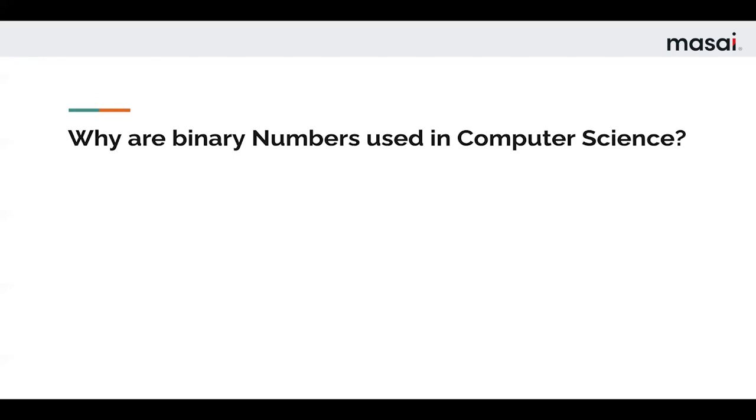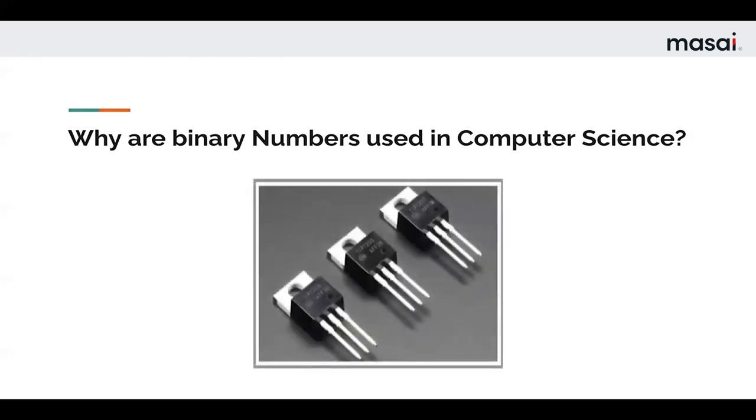That's why it makes sense to have only two options, because all these numbers are just trying to depict or represent the state of the transistor, which can be either on or off, right? So in this image, you can see transistors, which can be either just on or off. And that's why, because a computer is made up of these transistors, we use binary numbers in computers.